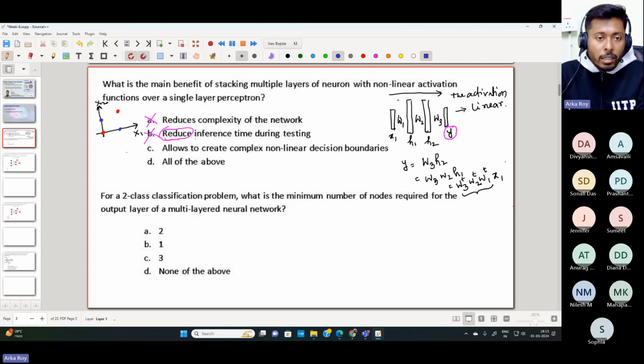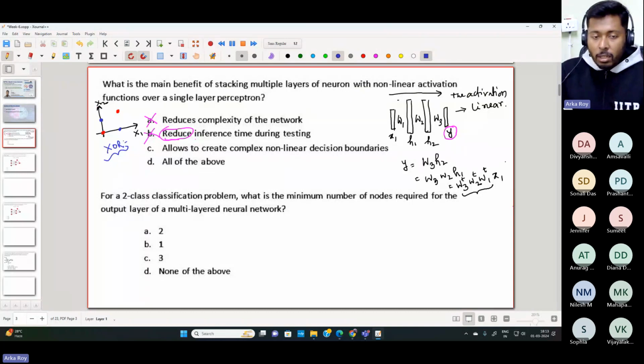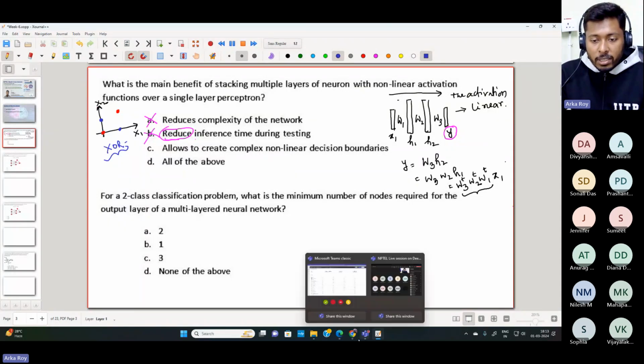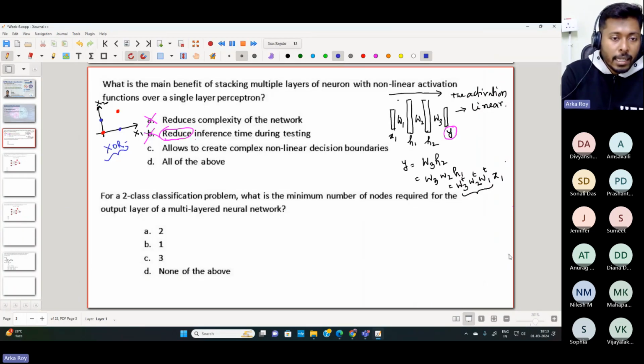That is why, if you have seen the XOR gate implementation using a multi-layer perceptron, you would see that instead of having a single layer, you have two layers.